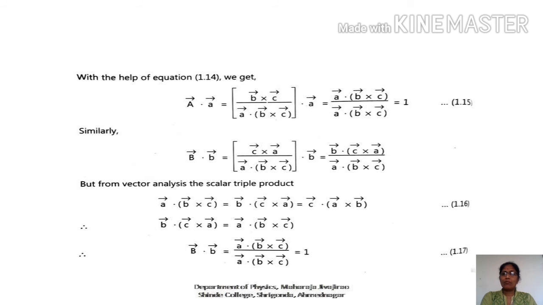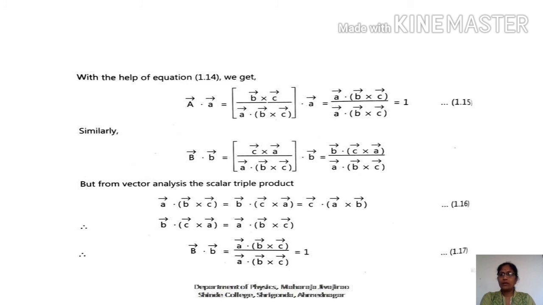Now the same procedure we will follow to obtain B dot b, that is capital B dot small b. The value of B bar is c cross a divided by a dot b cross c, so it equals b dot c cross a divided by a dot b cross c. But from the scalar triple product, we know that a dot b cross c is equal to b dot c cross a equals c dot a cross b.